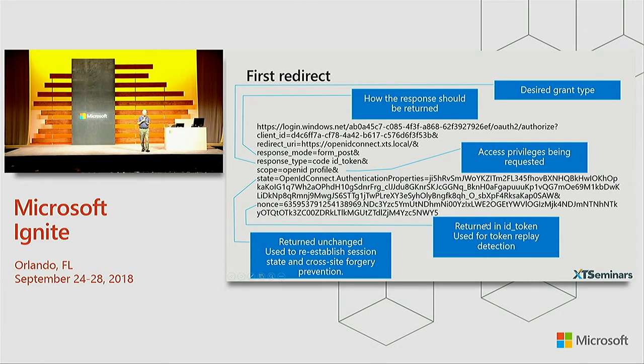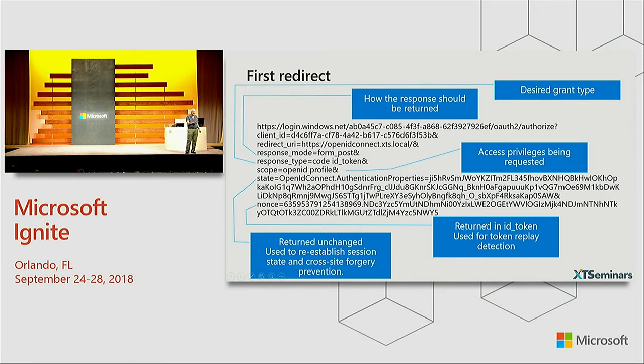Then there's this thing called a nonce, and a nonce is used for replay detection of the actual token. When we send the request up, we're setting a nonce value. Again, it needs to be an unguessable value. Then when the reply comes back, the nonce will be inside the token, and it will be digitally signed.